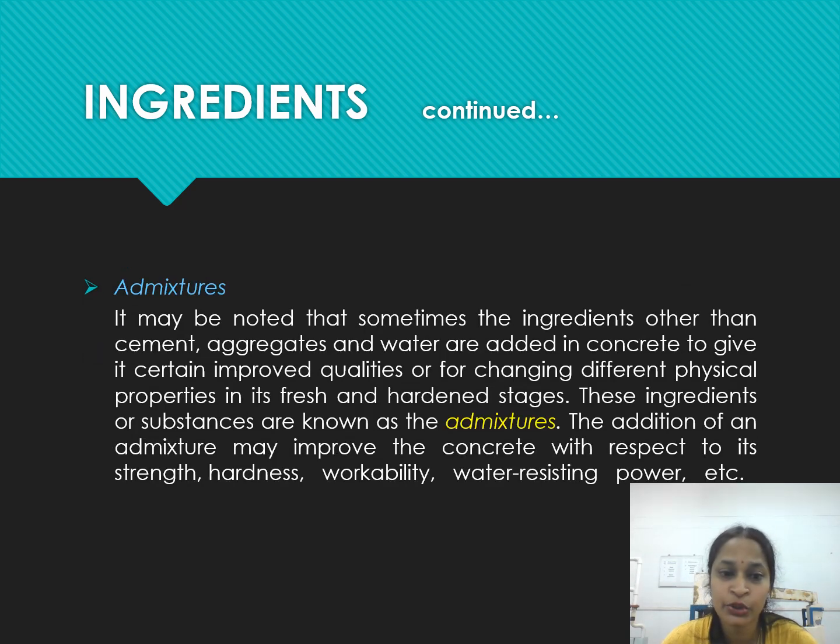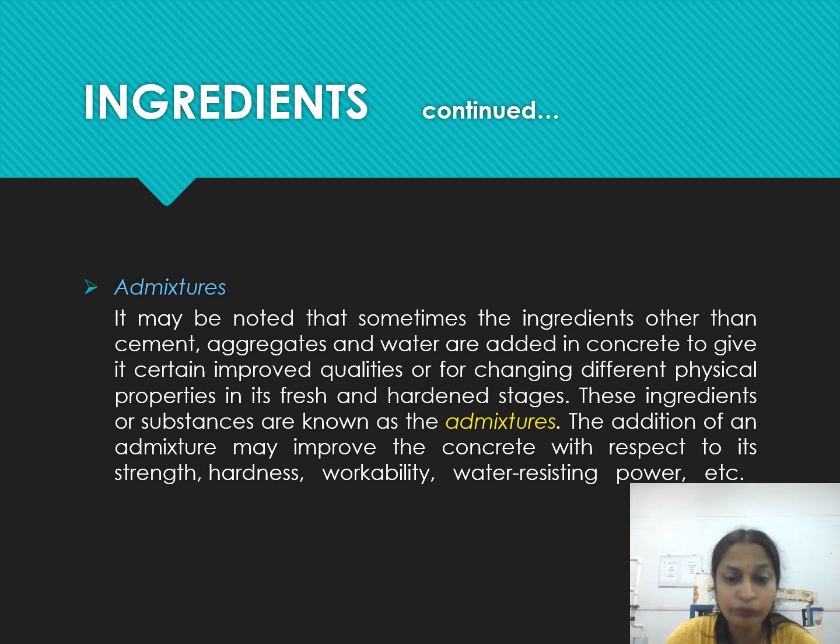Coming to the admixtures, it may be noted that sometimes ingredients other than cement, aggregate, and water are added in concrete to give it certain improved qualities or to change different physical properties in its fresh and hardened stages. These ingredients are called admixtures. They may increase or reduce the setting time.